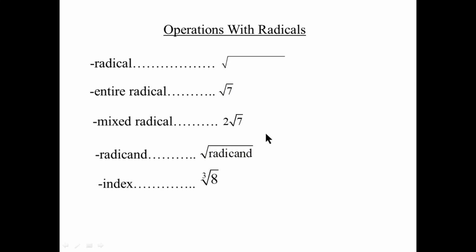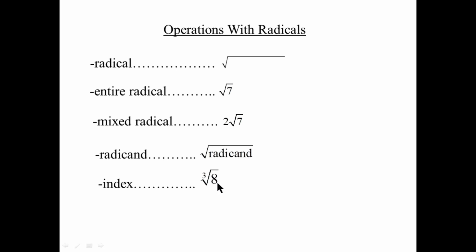An index is this little number that's tucked underneath that radical symbol right there. That number, that 3, is called an index. It tells us which root of 8 to take. Up to now, all the indices have been 2. For example, the square root of 9 is 3, and you don't have to write the little index 2 because it's understood.